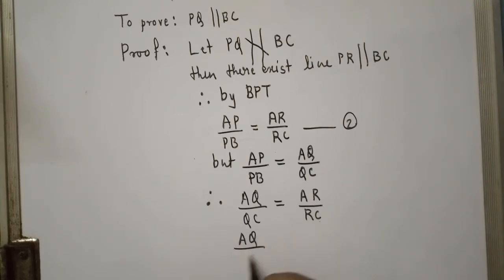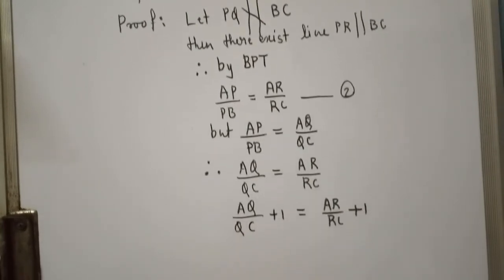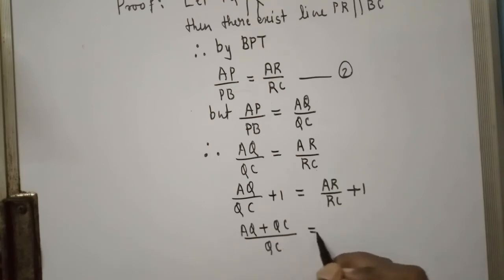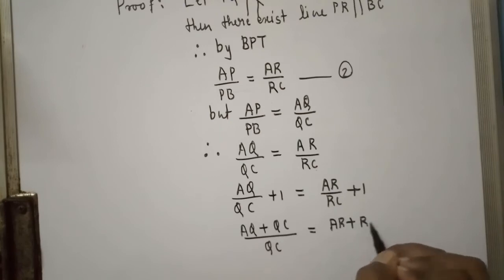So AQ by QC plus 1 equals AR by RC plus 1, which can be written as AQ plus QC upon QC equals AR plus RC upon RC.